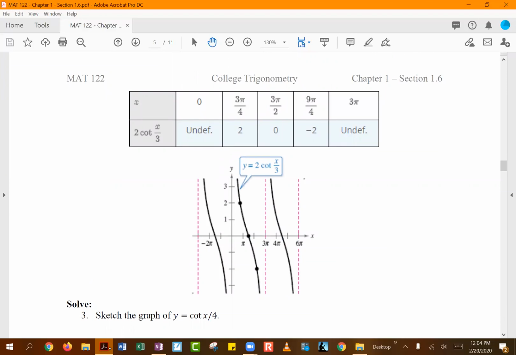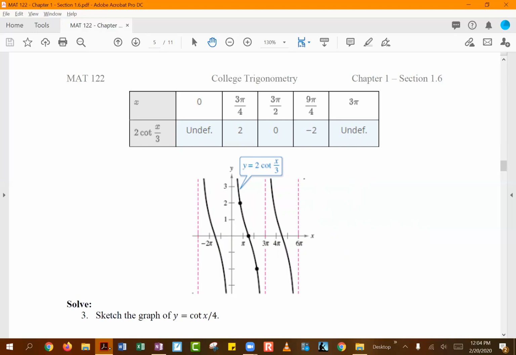So what do we notice here in terms of similarity between our tangent function when you look at that table? Anybody catch that? Okay. Same thing as tangent, halfway between your x values, you're going to find your x-intercept.